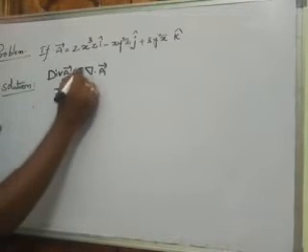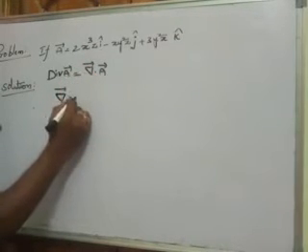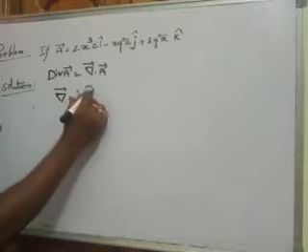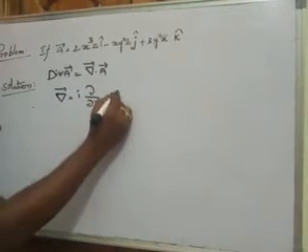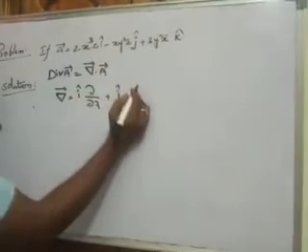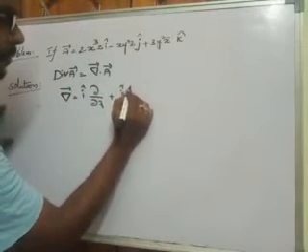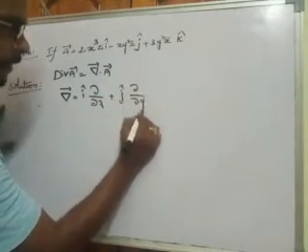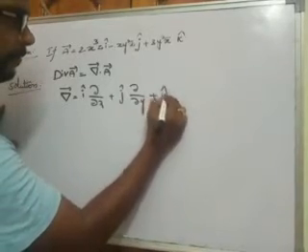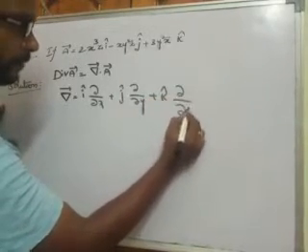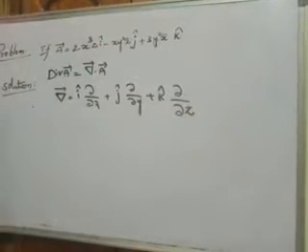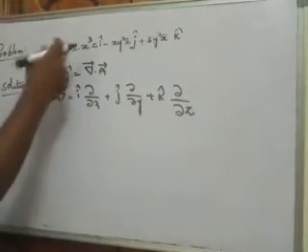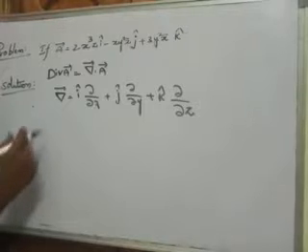This can be written as i dou by dou x plus j cap dou by dou y plus k cap dou by dou z. So it is the operator. Now let us operate this operator on the given vector equation.